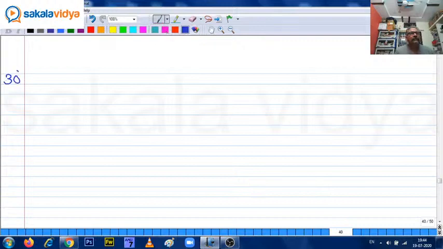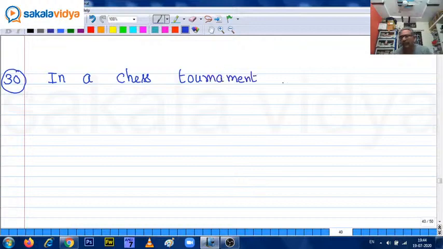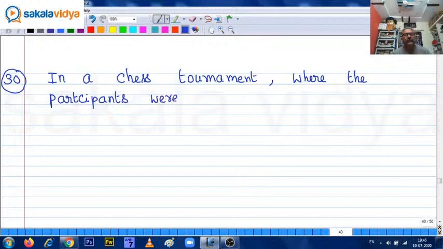Next, question number 30. In a chess tournament, two players will play one game where the participants were to play one game with another.